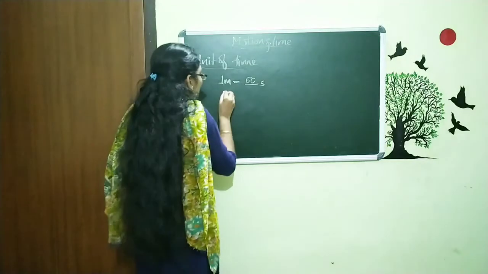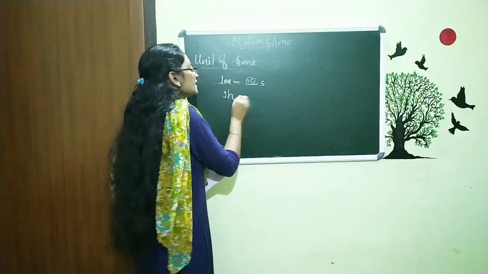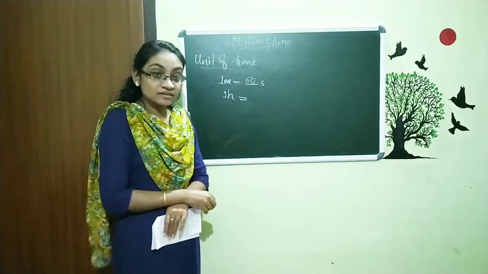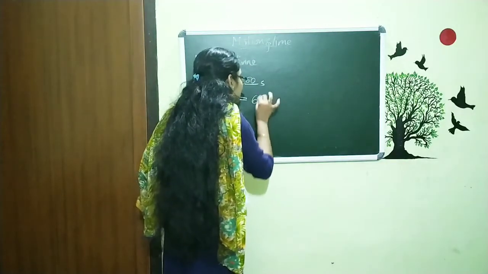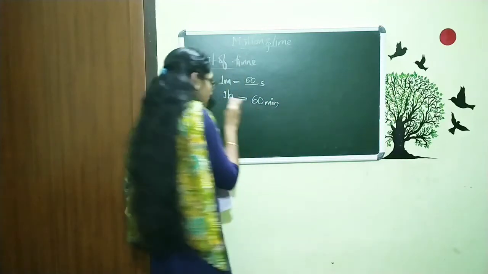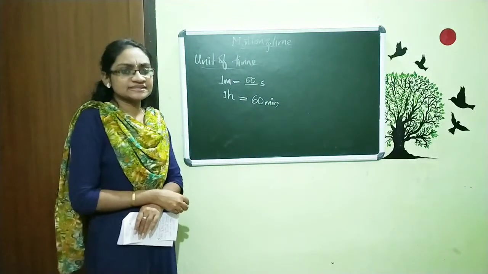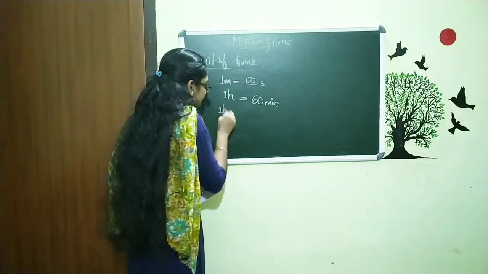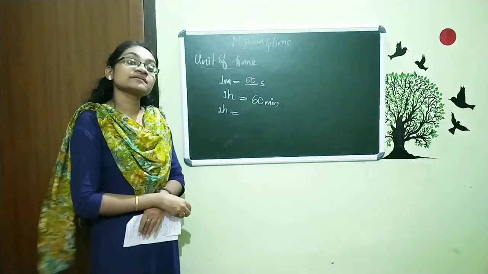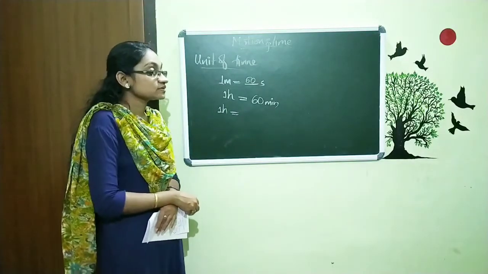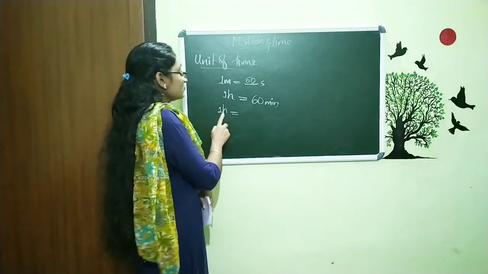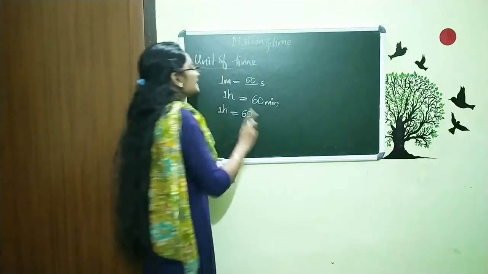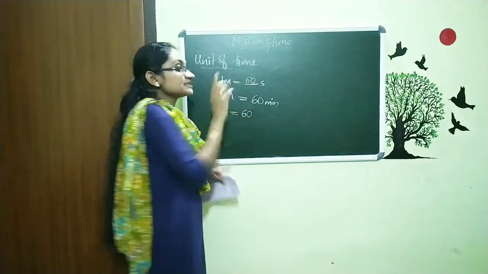Next is, in 1 hour, how many minutes are there? There are 60 minutes in 1 hour. Now my question is, in 1 hour, how many seconds are there? How can we find it? I already said that in 1 hour we have 60 minutes, and in 1 minute we have 60 seconds.